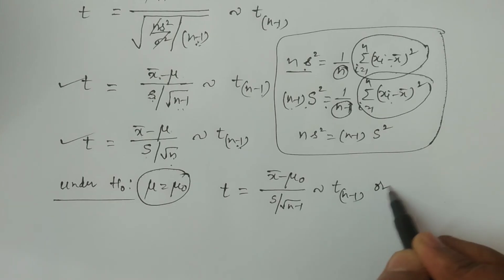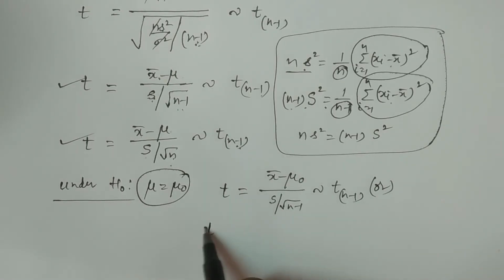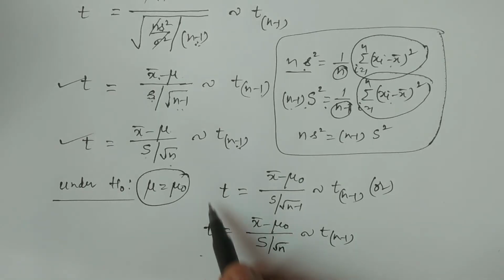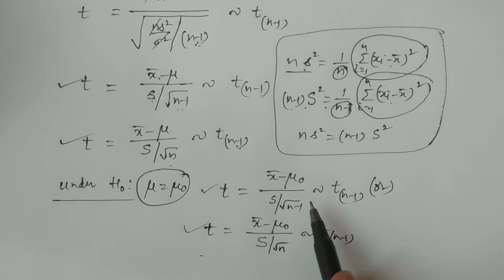Or another formula, t equal to x bar minus mu naught divided by capital S by root n, which follows again t n minus 1. Remember that it is also n minus 1 degrees of freedom. So these are the two test statistics under H naught.